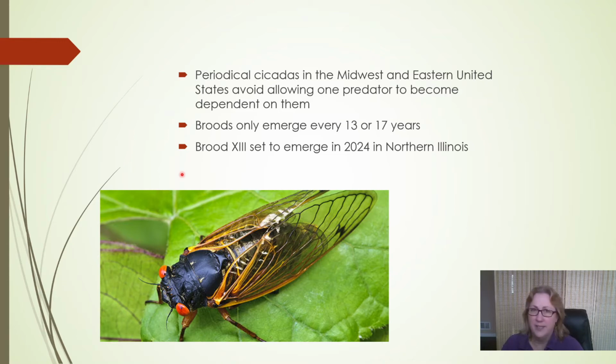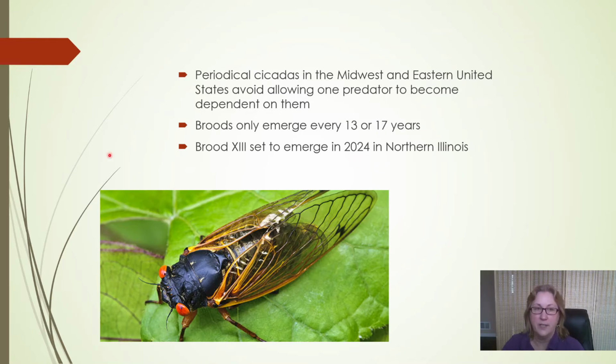And they're very noisy. If you did not live here in northern Illinois in 2007, if you're still here in 2024, that's when the next big emergence is set to take place. Especially towns like Elmhurst are absolutely overwhelmed with these 17-year cicadas.